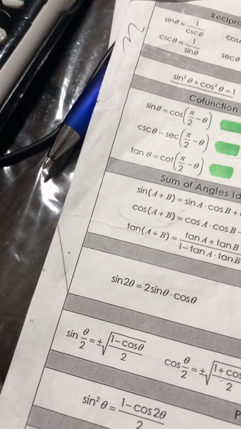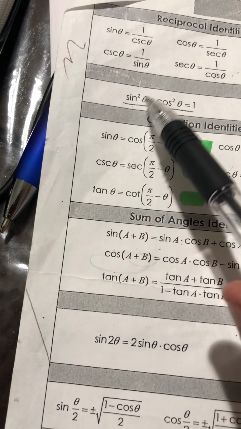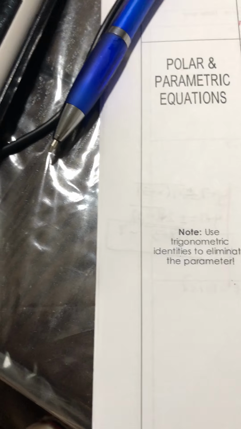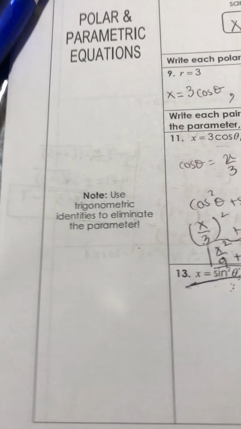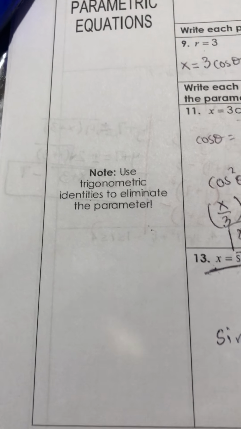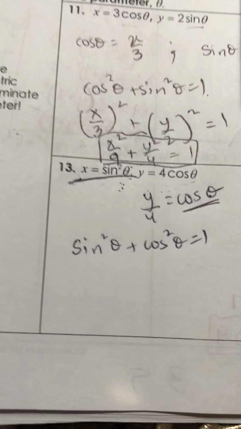When I look through this, I get sine squared and cos squared. This is the only one which I can find. So instead of sine squared theta, I will be using x, and instead of cos, I will be squaring this part. So I'm using the identity sine squared theta plus cos squared theta equals 1.